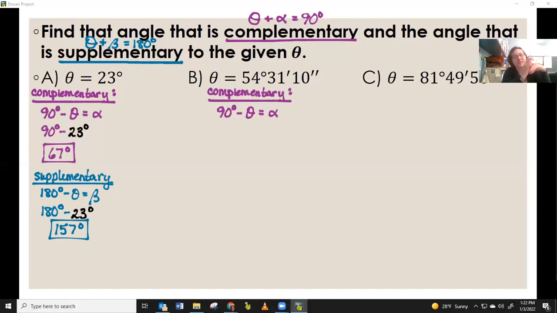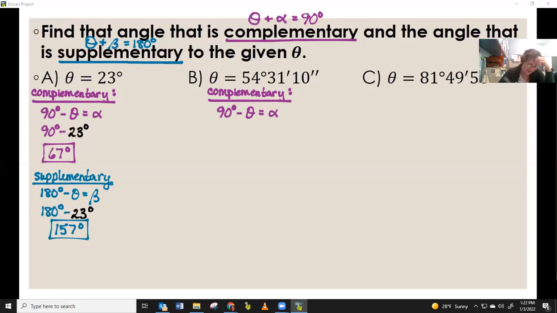A whole number and subtracting something where it's not all written in the same unit is a little bit confusing. So I'm going to take 90 degrees and rewrite it in an equivalent form that has all three of those units so that I can match up my like terms and subtract them that way.